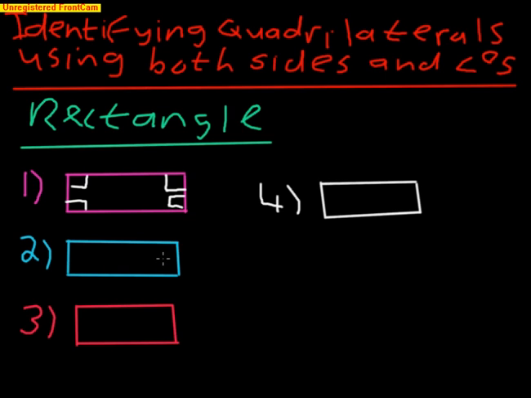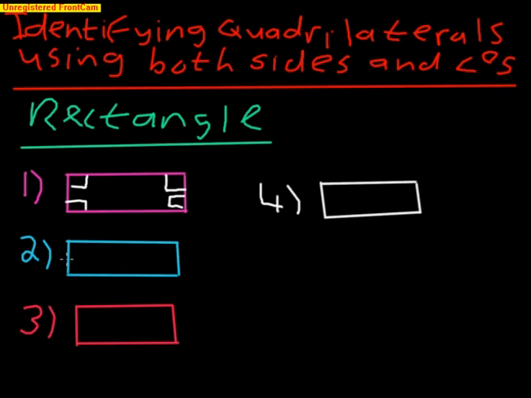The second way that we can classify a quadrilateral as a rectangle is if both pairs of opposite sides are parallel.